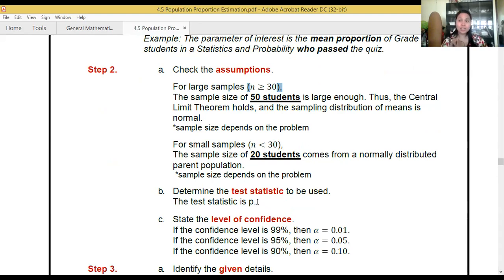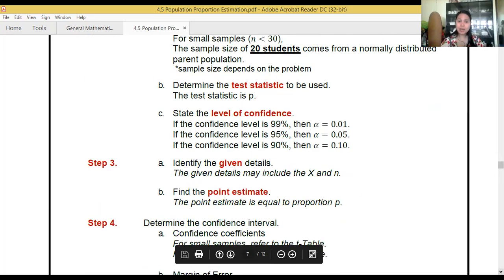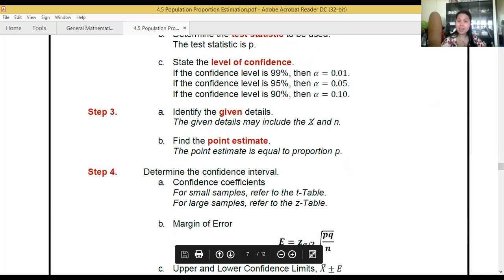If it's small, it's T test. But if it's for mean proportion, we just say P. Then the level of confidence. In step 3, you'll have the given X and N. Then the point estimate is equal to proportion P.